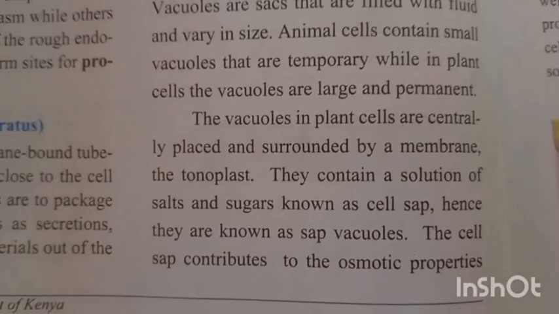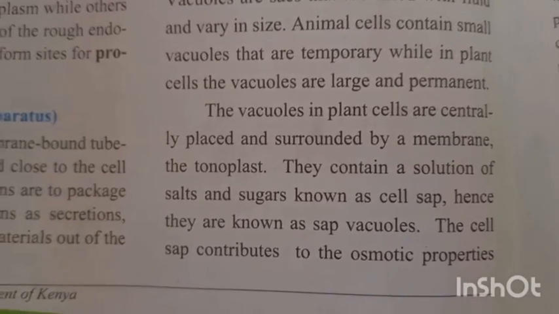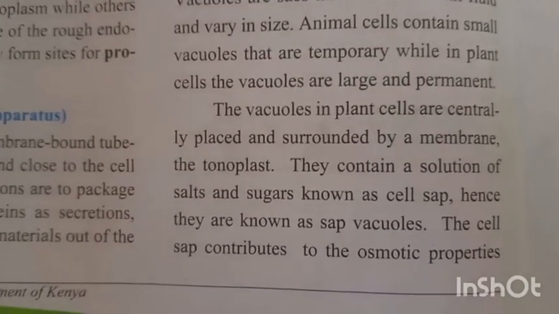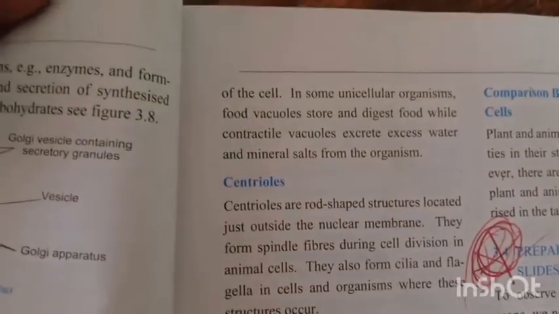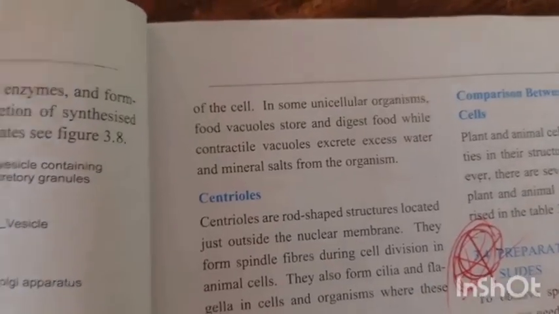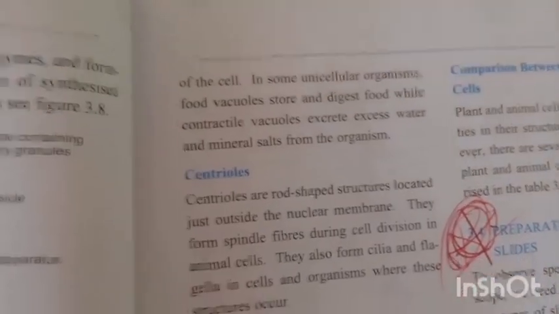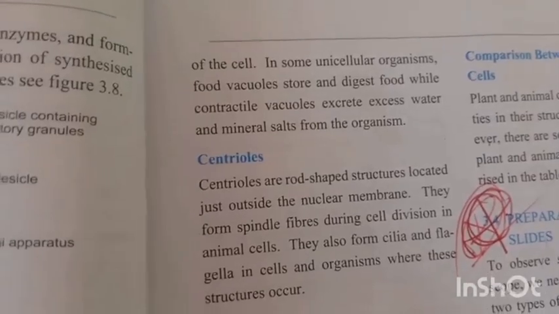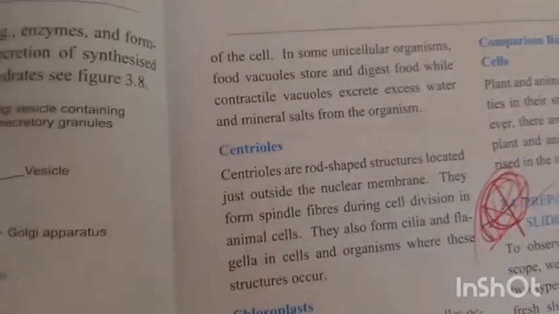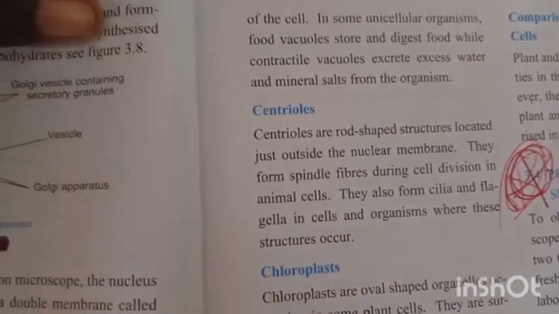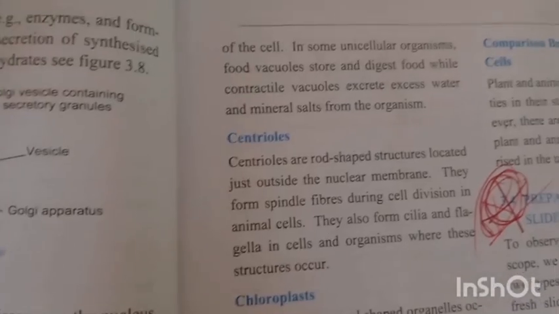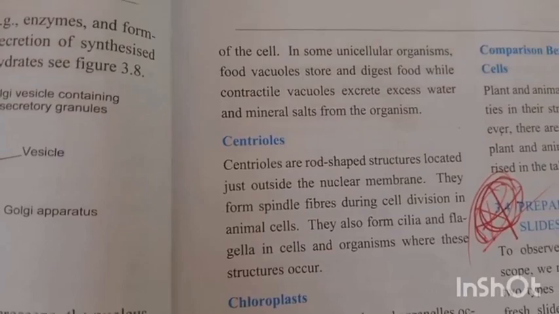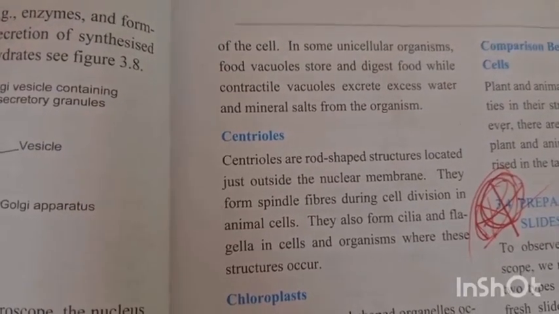It is also used to store food and digest it. But the contractile or temporary vacuole, like those found in animal cells, is used to excrete or remove excess water from the cell. So for plant cells, vacuoles are used to maintain turgidity and also to store food substances.